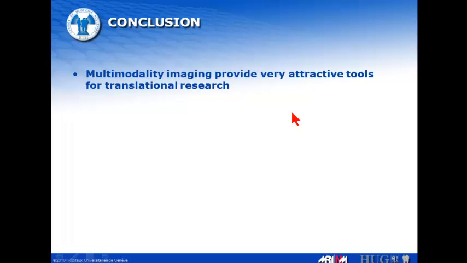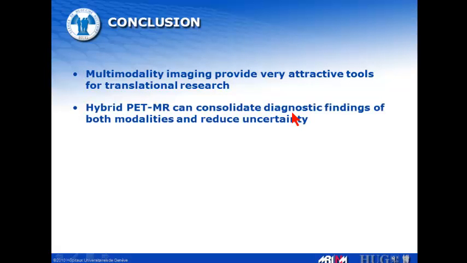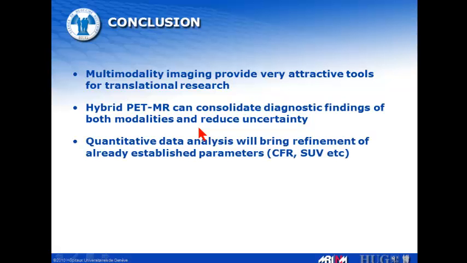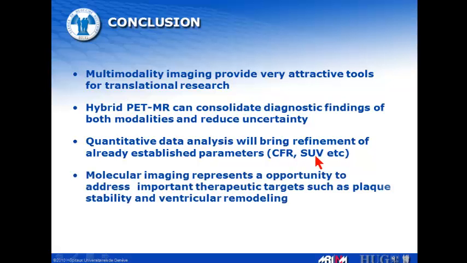So in conclusion, multimodality imaging provides very attractive tools for translational research on the one hand. Hybrid PET-MR can consolidate the diagnostic findings of both modalities and thus reduce uncertainty, as it was also in PET-CT in oncology. Quantitative data analysis will bring a refinement of already established parameters such as coronary flow reserve, SUV measurements, and others.